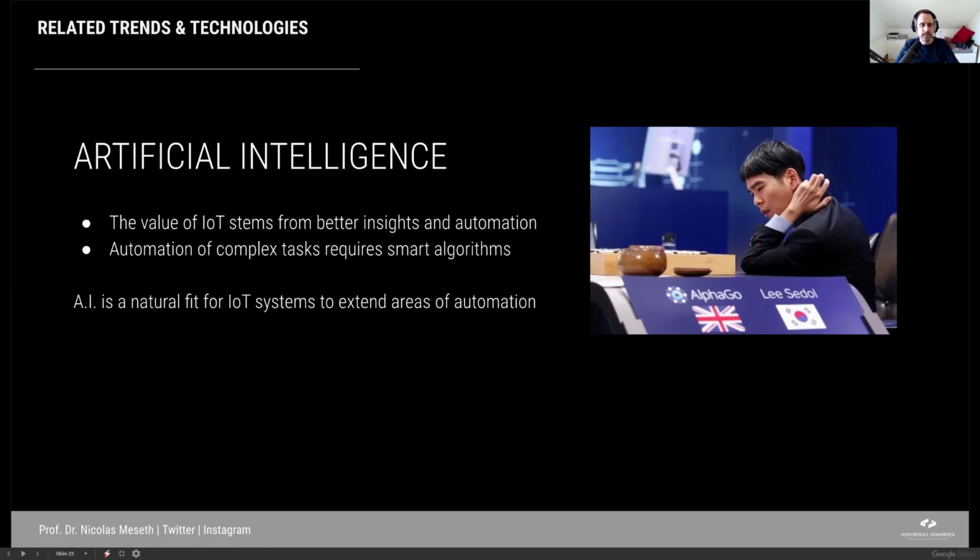When we want to make decisions based on the sensor data, we can train an artificial intelligence to automate a certain decision that before only humans could do. And then maybe the hope is that the machine will do it even better and make smarter decisions. So this is why artificial intelligence is related to IoT as well, and there's great potential in it.